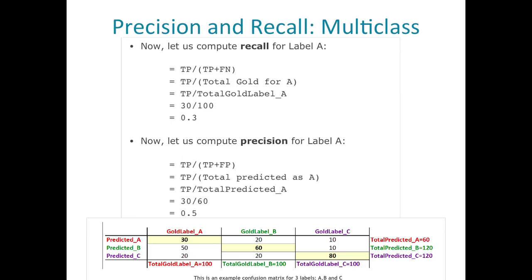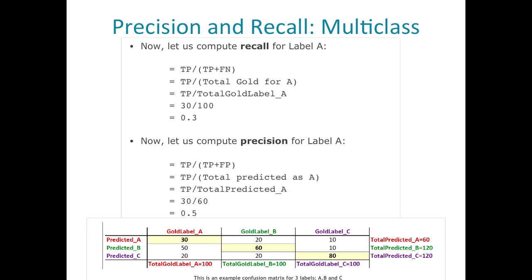Remember that recall represents, out of all the label A's that we have, how many data points our classifier is able to retrieve and say something about. And then the precision measures things in terms of the classifier itself. If the classifier predicts a data point as having label A, what's the precision of that prediction? How confident can we be that that prediction is correct?